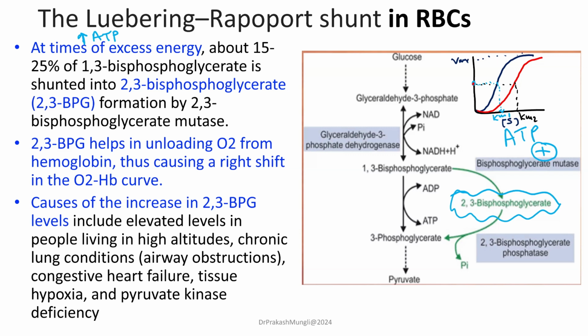Right shift. So in the STEM, sometimes they don't write that there is an increase in 2,3-BPG. But they will explain this patient has anemia and signs and symptoms are given, but they don't write this patient has shown an increase in 2,3-BPG.